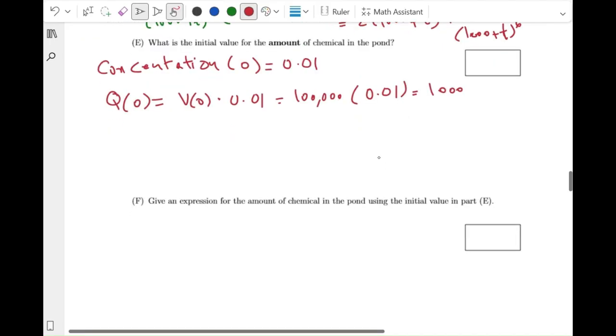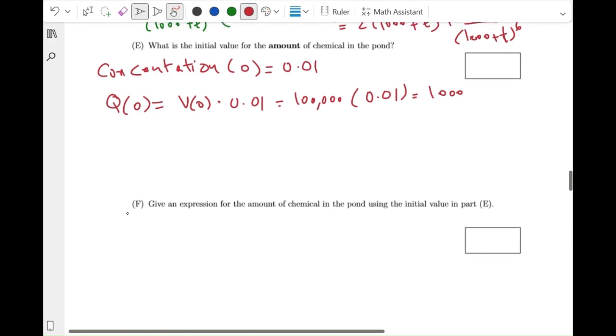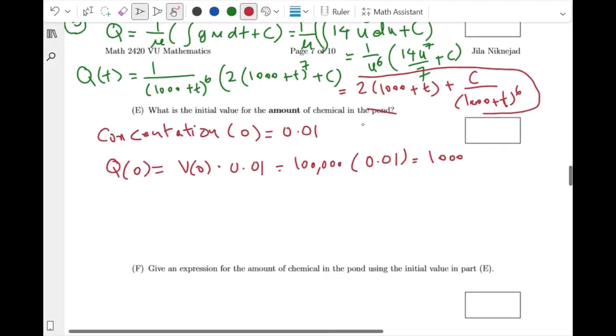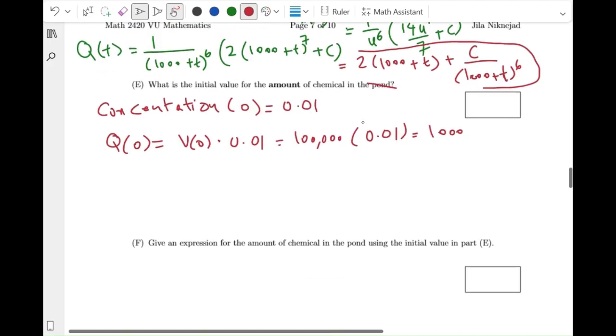Now it's asking you to find an expression for the amount. So I'm going to plug in this general solution, which we found here. I'm going to plug in 0 for t, and I would set q of t equal to 1,000. So it's 1,000 equal to 2,000 plus c over 1,000 to power 6.